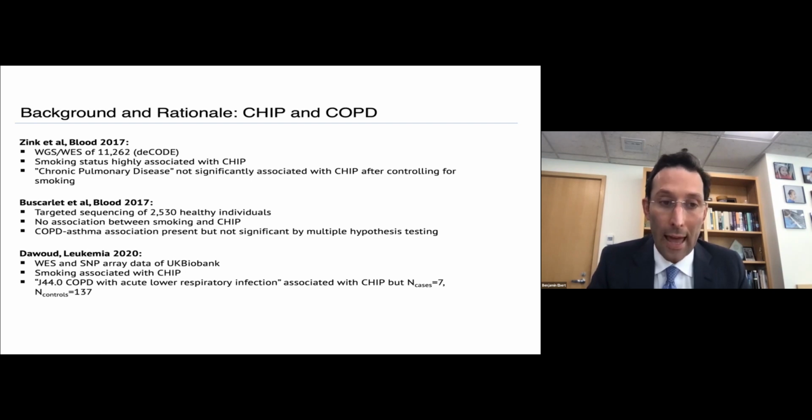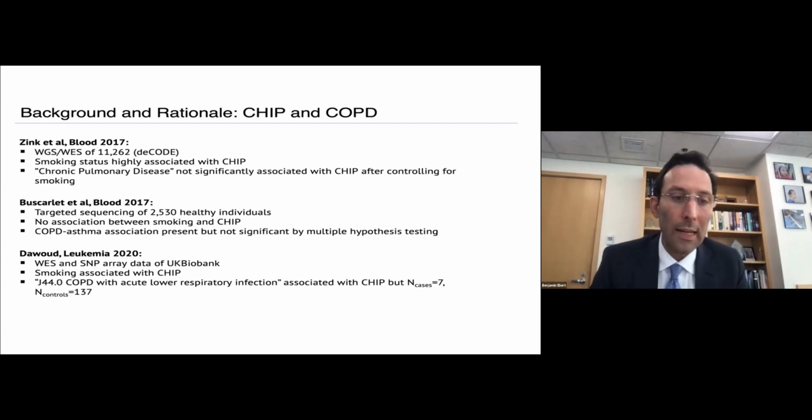And they had smoking status and looked at the diagnostic codes, the ICD-9 codes for COPD. They saw an association between CHIP and COPD, but it was not statistically significant after controlling for smoking.